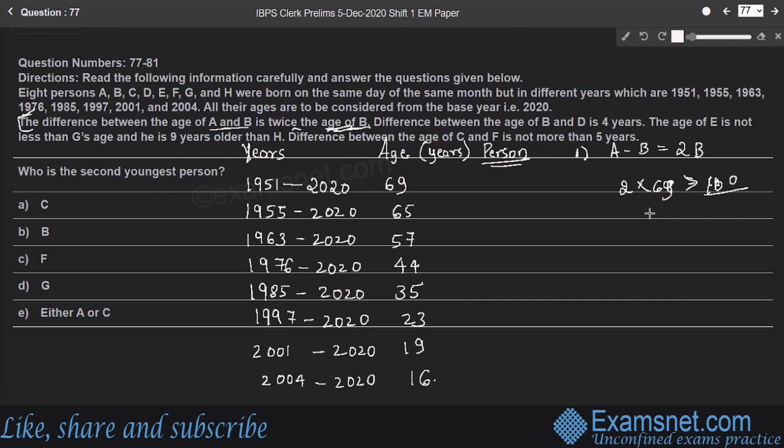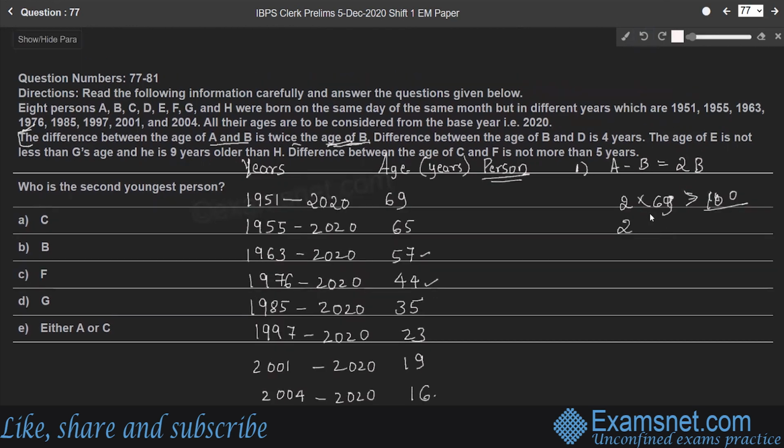So particularly in this case, it is not possible. If B's age is 57 or 44, then twice his age becomes more than the given value, which is not possible here. So B must be a younger one, not particularly the youngest one. If B's age is 19 years, for example, let us check whether this condition holds good or not.